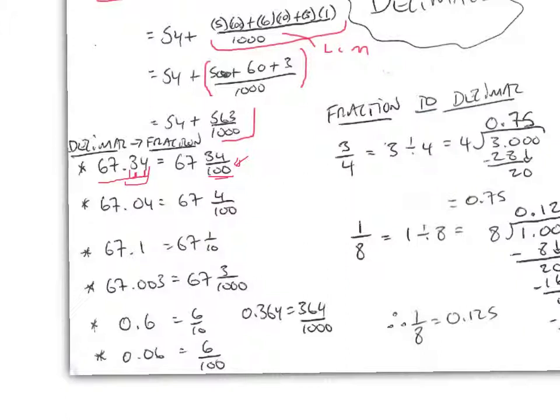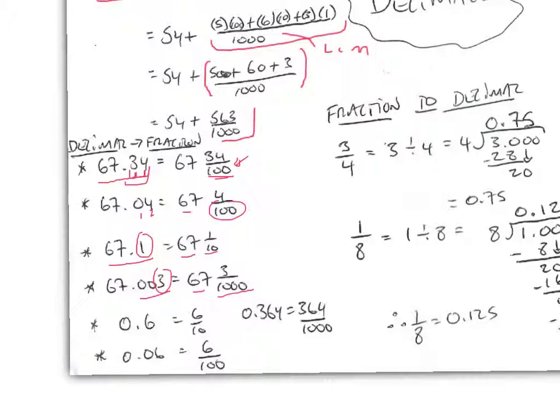Again, 67.04, there are 2 digits after the decimal point, so we're talking hundredths, so it's 67 and 4 hundredths. In this instance, 67.1, now we've only 1 digit here, so we're going to be talking about tenths, so that's 67 and 1 tenth. We've 3 places after the decimal point here, so that would be 67 and 3 thousandths.